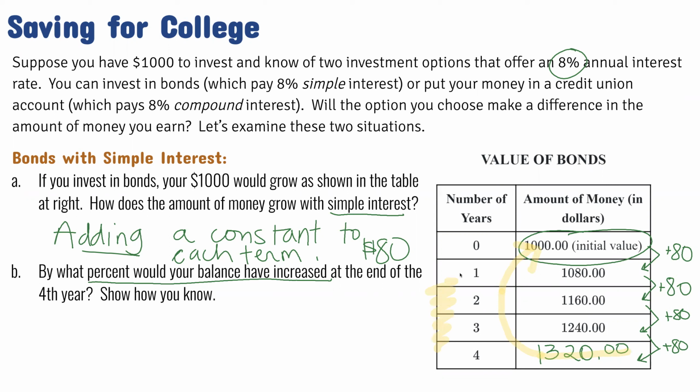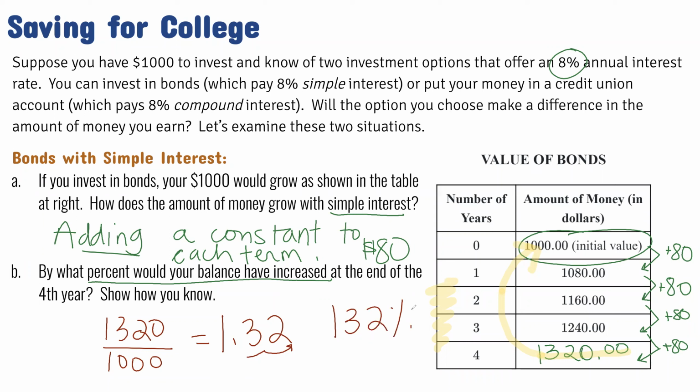And so I'm going to take 1320 and divide it by $1,000. And let's see what that value gives us. 1320 divided by 1,000 is equal to 1.32, which in percent, if you move this over twice, like you're supposed to, it's 132%. So by what percent did my balance increase? It increased by 32%, right?